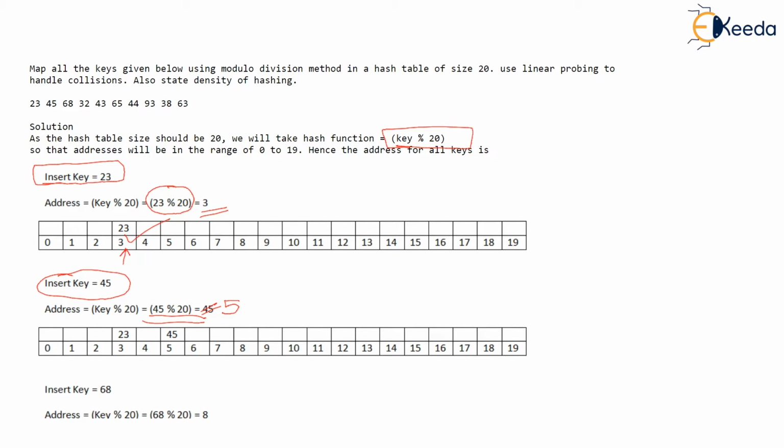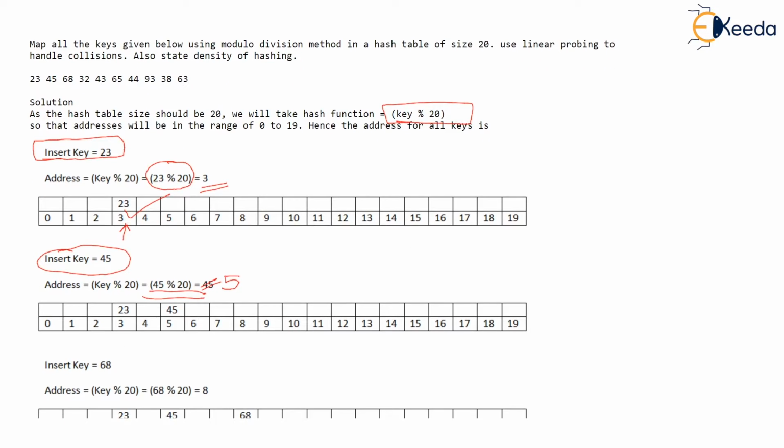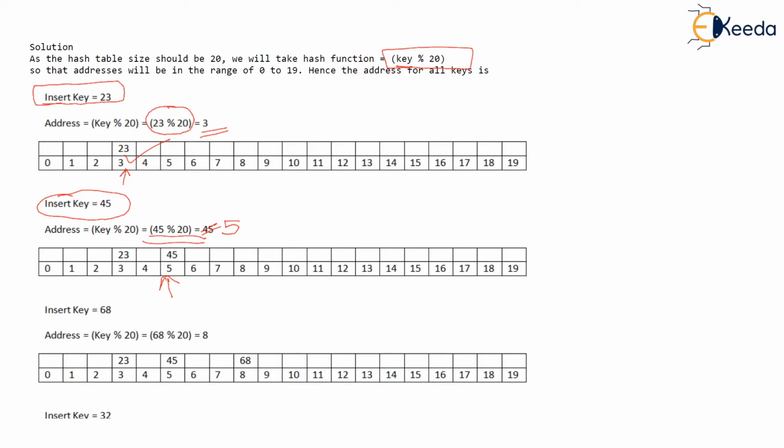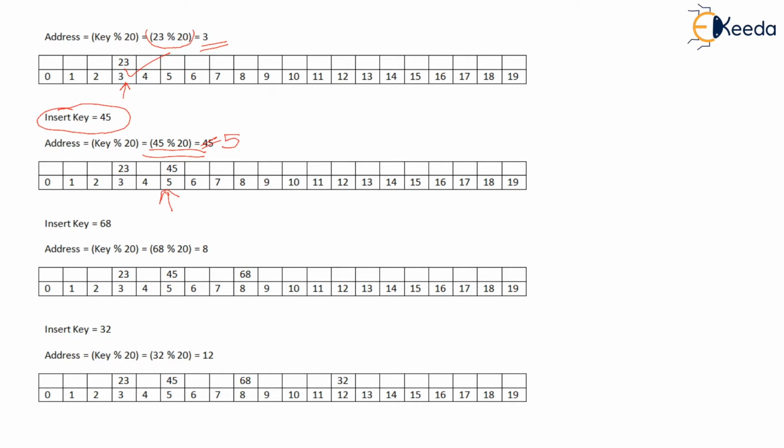So the fifth address is going to store 45, and there was no collision even here because the fifth address was vacant when we were mapping 45. Next key is 68, and for 68, 8 will be the address. 20 into 3 is 60 and the remainder is 8.